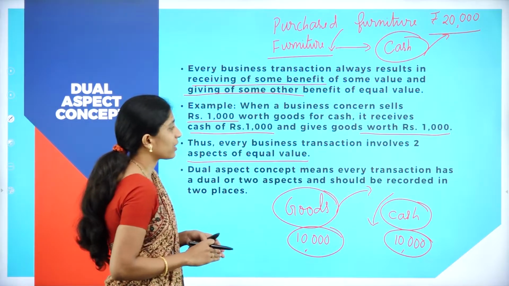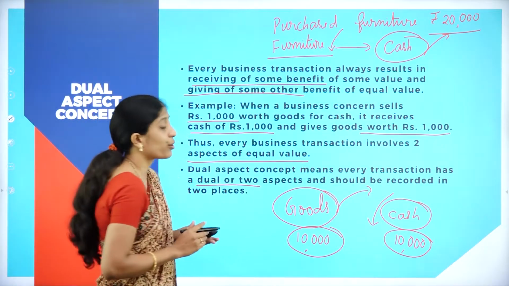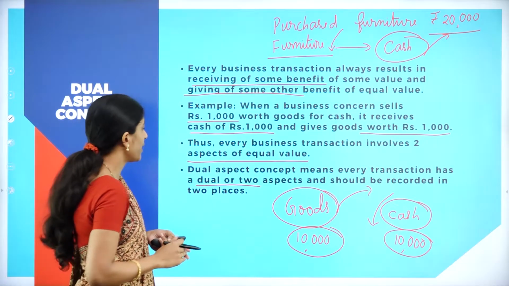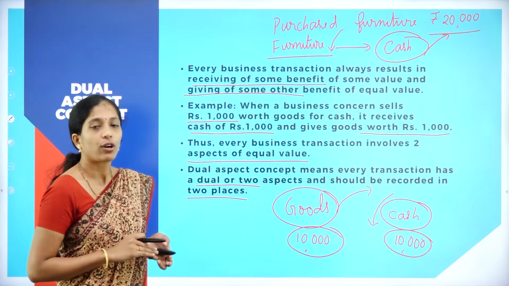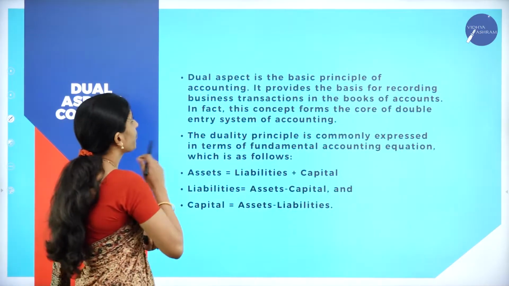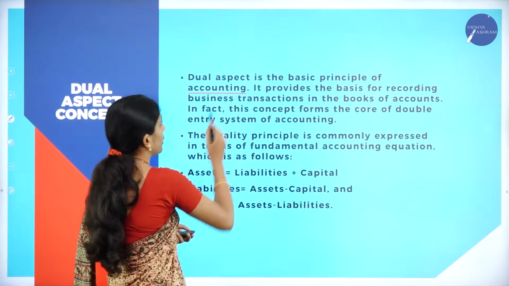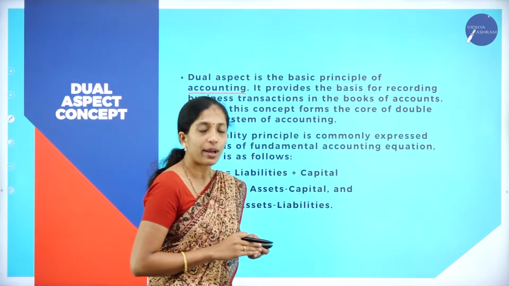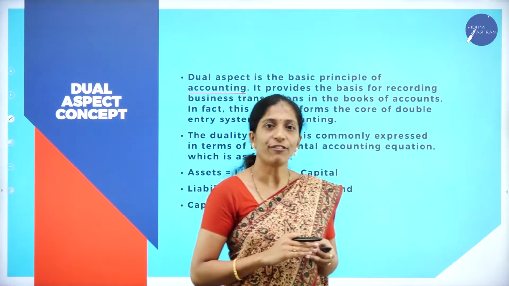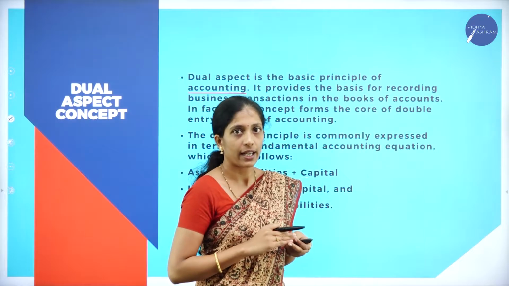So, dual aspect concept means every transaction has a dual or two aspect and should be recorded in two places. So, we have to record it in two places. Dual aspect is a basic principle of accounting. For each and every transaction, I have already told you about double entry system of bookkeeping, where two of the aspects will be recorded, right?